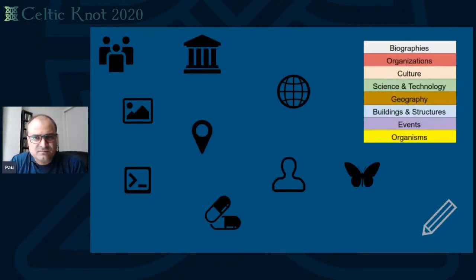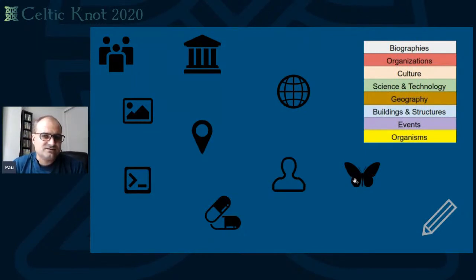We had a lot of infoboxes at the beginning of this project, more than 400, and we had a lot of different colors and different designs. So we chose 8 different colors for different topics, and every infobox had an icon representative of the type of data it should have.